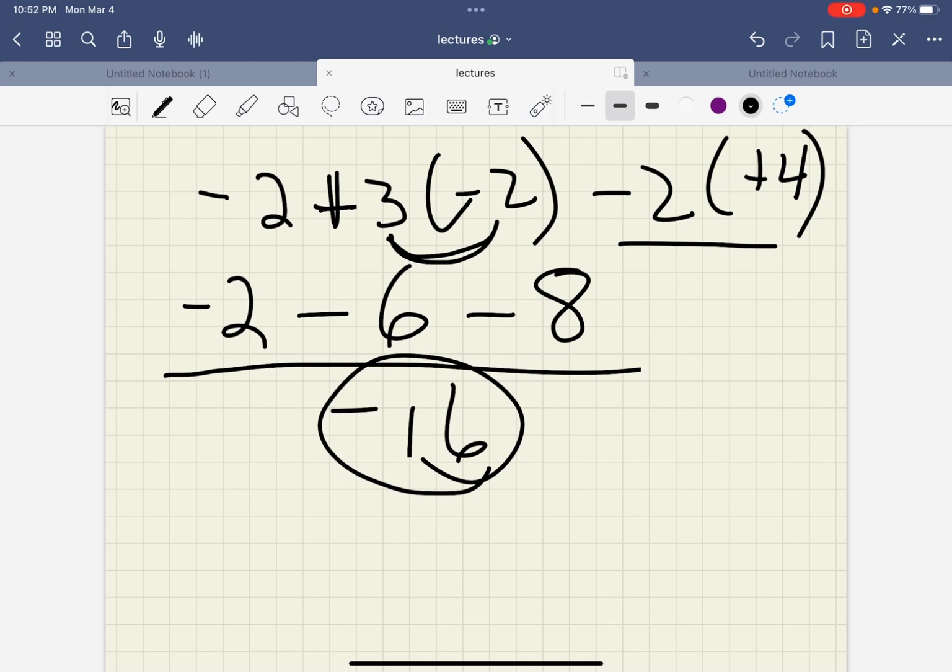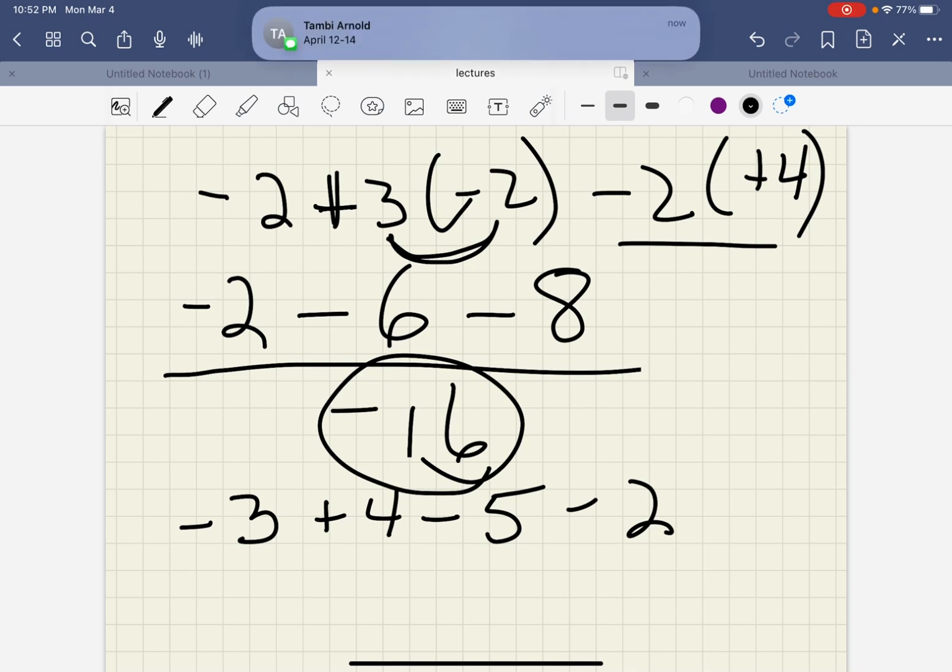All right, let's skip down and do letter C on the practice. It says minus 3 plus 4 minus 5 minus 2. And there's no multiplication in here at all, so this is simply addition of signed numbers. So we'll use the rule that says if the signs are the same, like signs, you add and keep the sign.